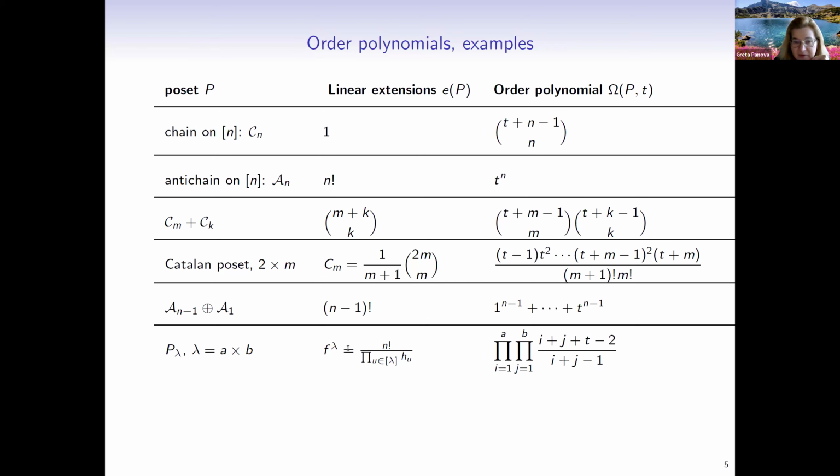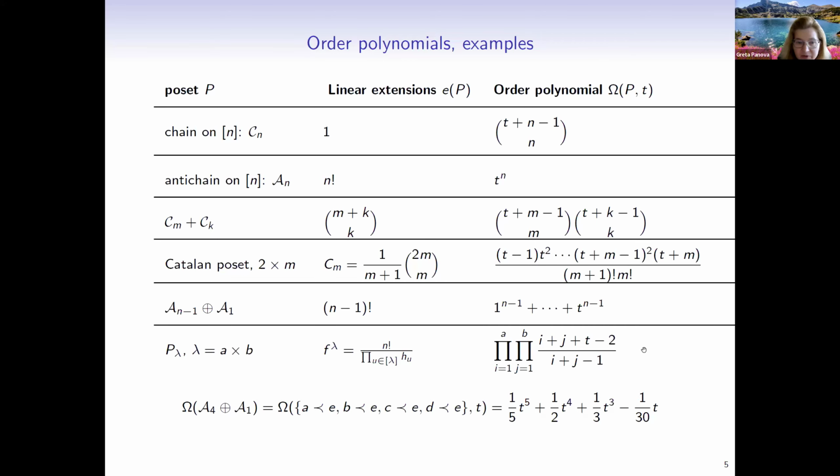The number of linear extensions is given by the hook-length formula, and the order polynomial is given by the hook content formula in this case, or MacMahon's identity, which you can write like this. In this particular case, you get a polynomial with all linear factors with positive coefficients. So the whole polynomial has positive coefficients.